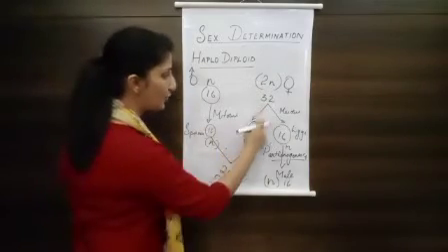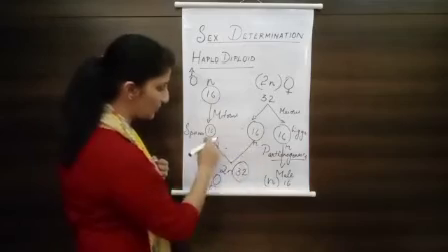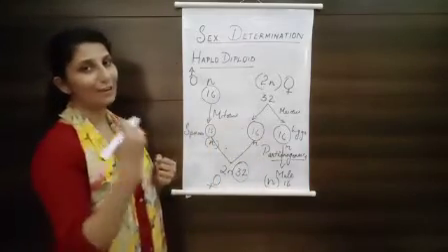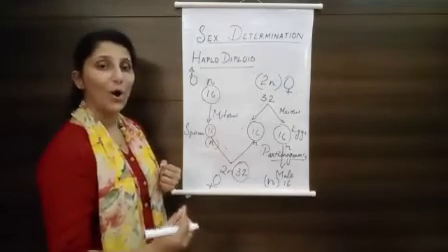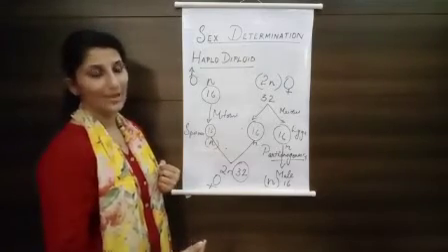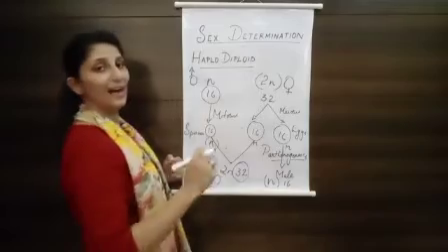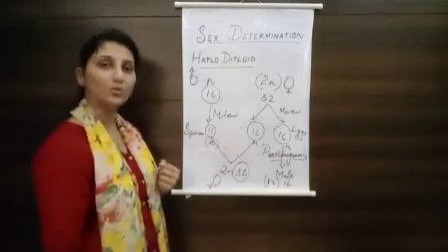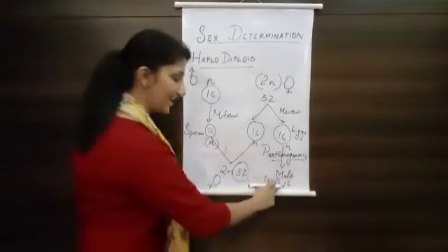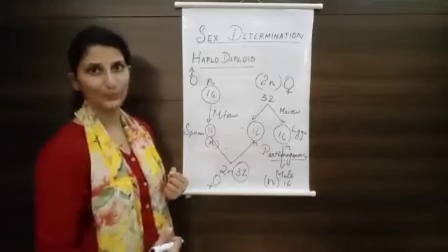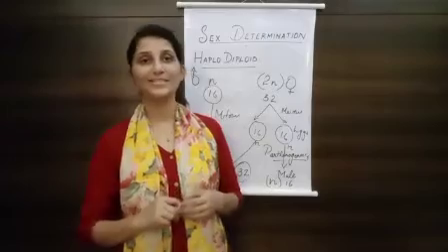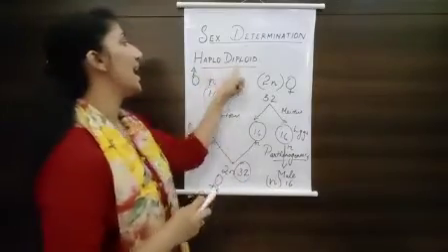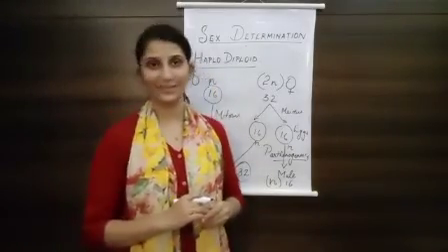If the egg produced as a result of meiosis undergoes fertilization, it results in a female. That means it develops into a queen or a worker bee. Whereas if the egg undergoes development without fertilization, it results in a male, that is a drone. This is the type of sex determination which is seen in honeybees, and this type of sex determination is called the haplodiploid method of sex determination.